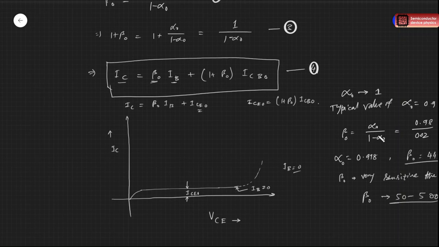So as you increase VCE, the beta value increases, and so there will be a large leakage current also, because this ICBO is multiplied with beta, right? So if the beta increases, then ICBO or the leakage current will also increase, and as we increase IB, there is an increment factor which has much more contribution to the IC.